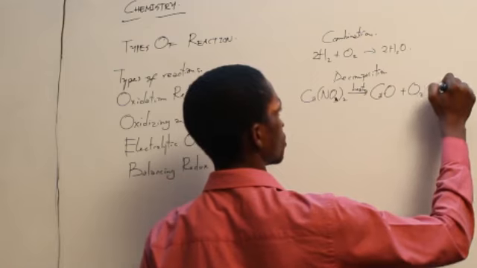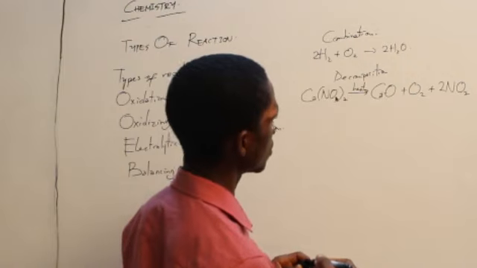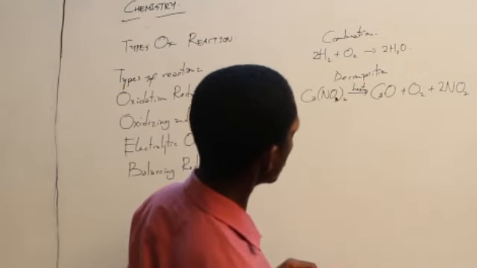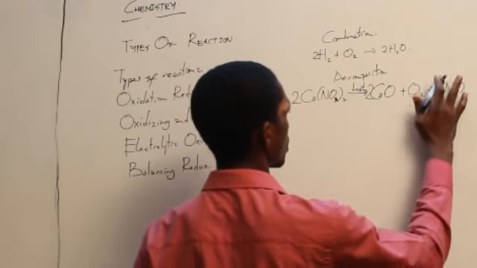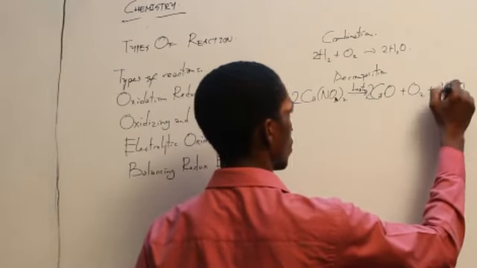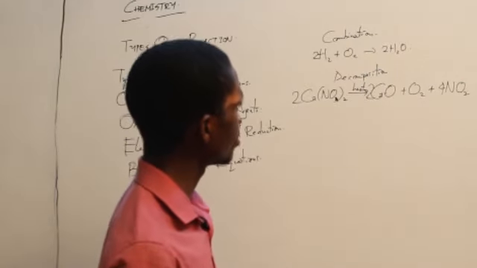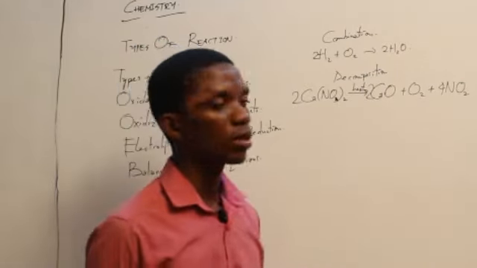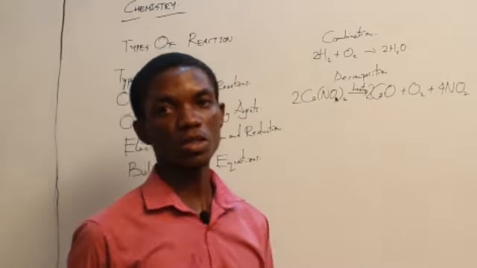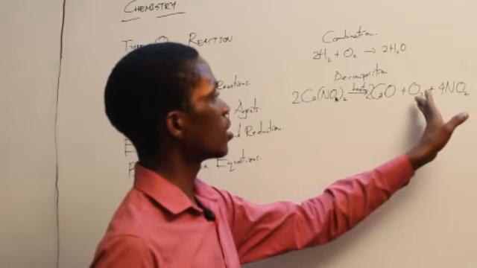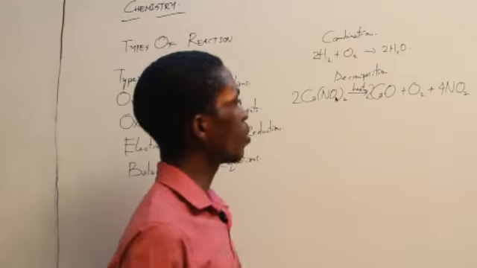I think this is 2, oxygen balanced. We can have 2 here and then there will be 2 here for the equation to be balanced. So we have calcium nitrate. When heated, it decomposes and it gives up oxygen as well as nitrogen oxide.